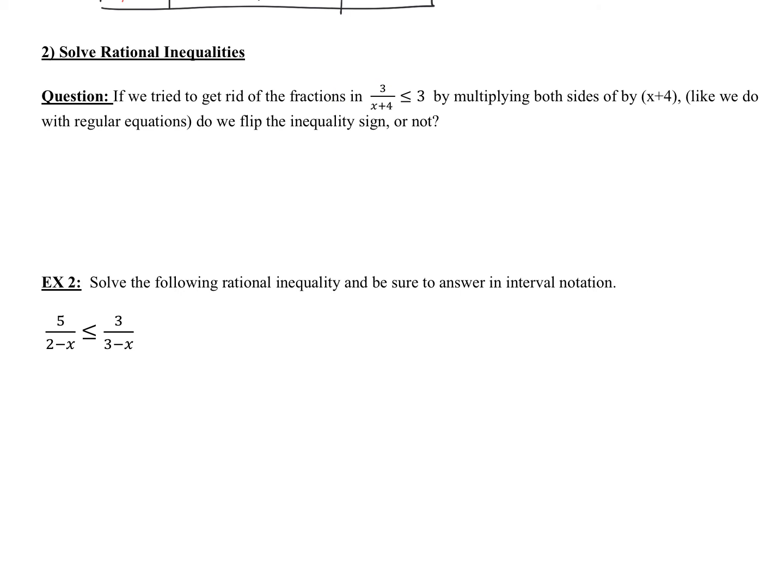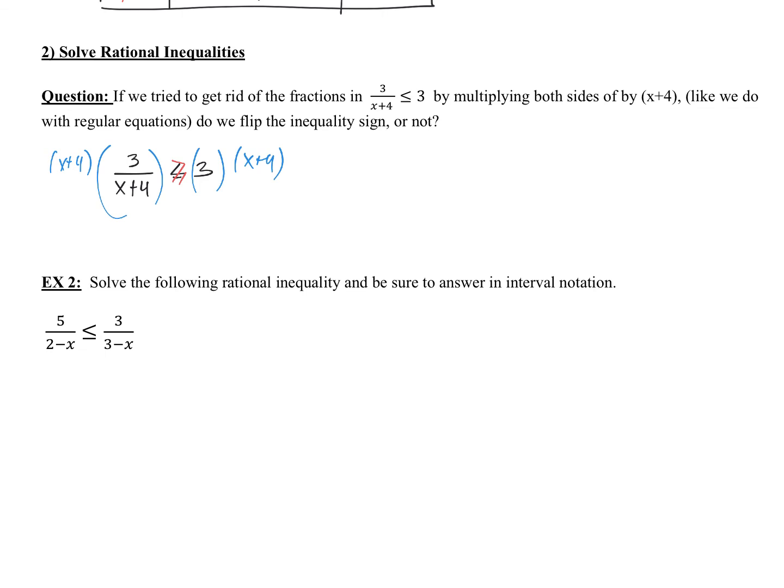But the problem is, if I have an inequality, what is one thing that we remember about inequalities? If I multiply by a negative, what happens to the sign? The sign has to flip. Well, that's not too bad, right? But if I wanted to multiply both sides of this equation by x plus 4, do I flip the sign or not?